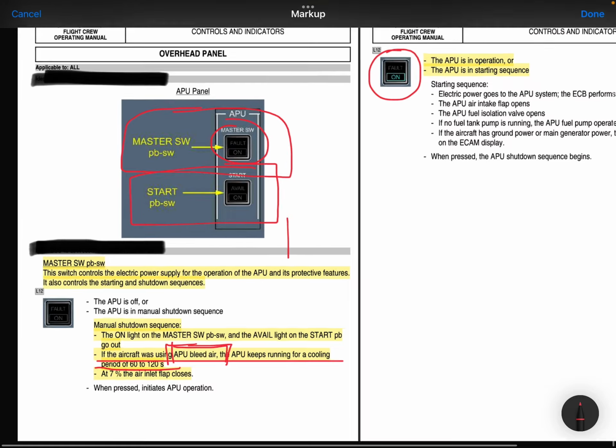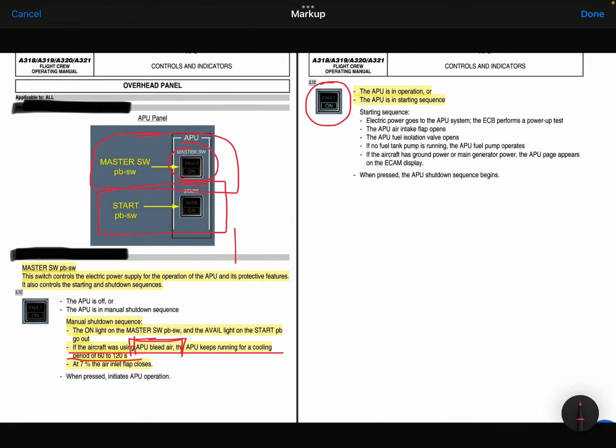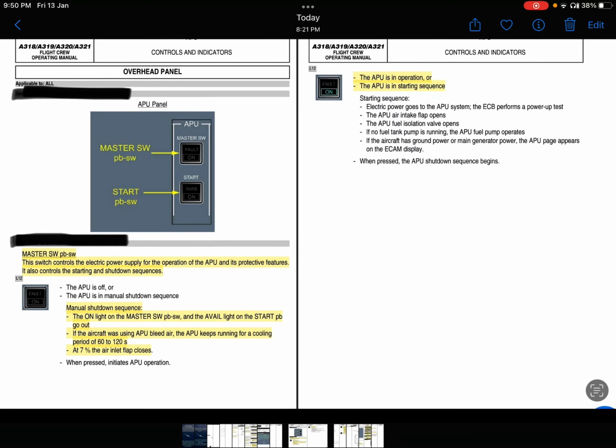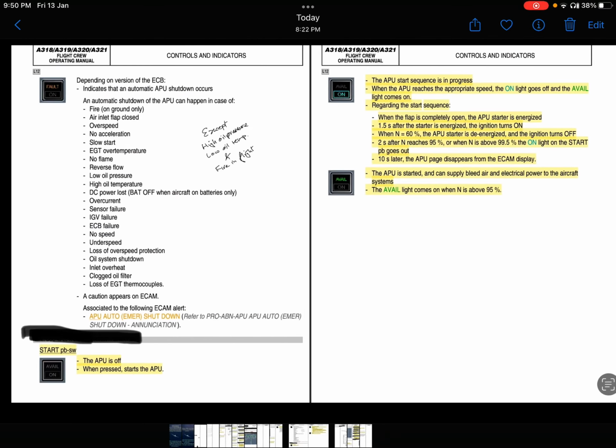This is important. Okay, nothing important from this slide.